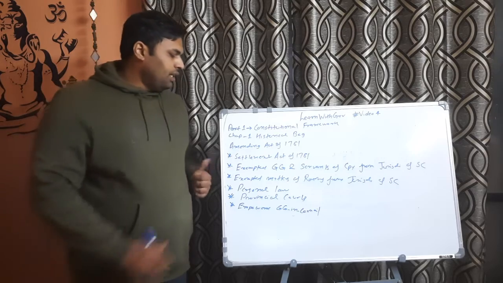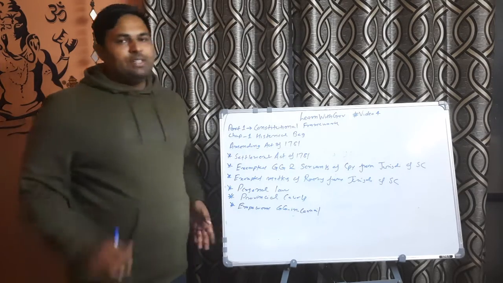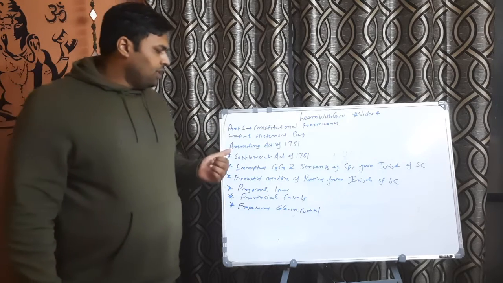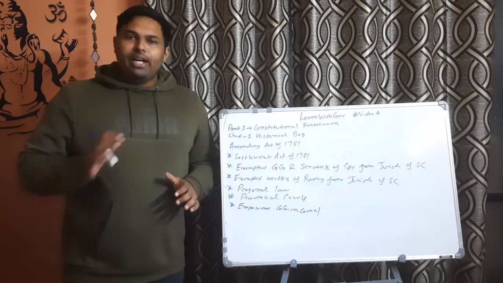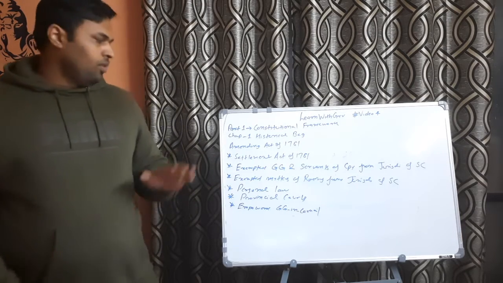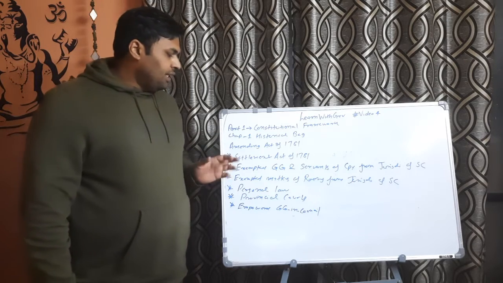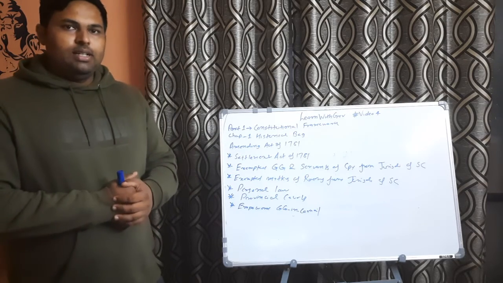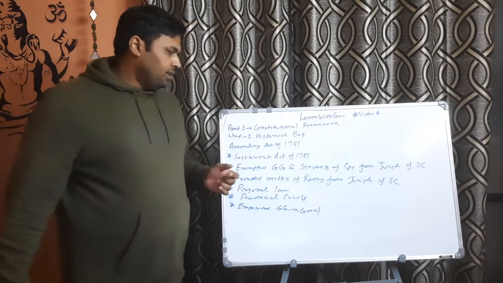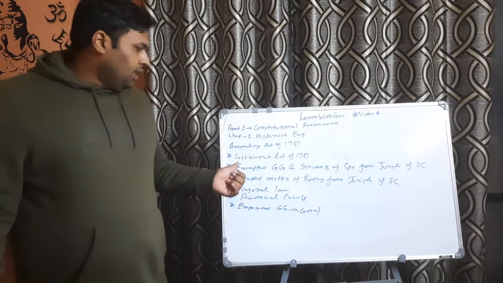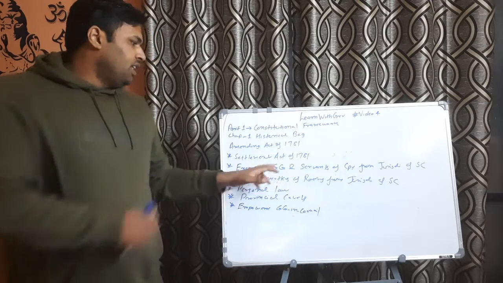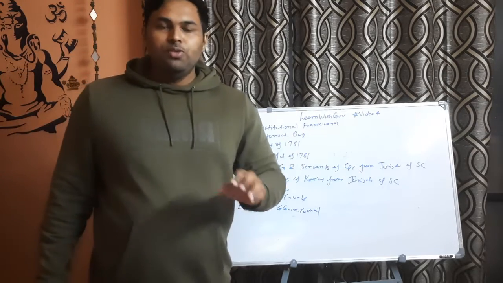The first feature was that it was called the Settlement Act of 1781. Also, this act was created by the British government to rectify the errors that they did in the Regulating Act of 1773. For example, it exempted the Governor General and the servants of the company from the jurisdiction of the Supreme Court.